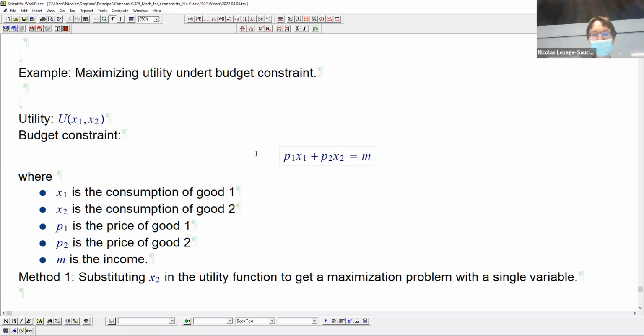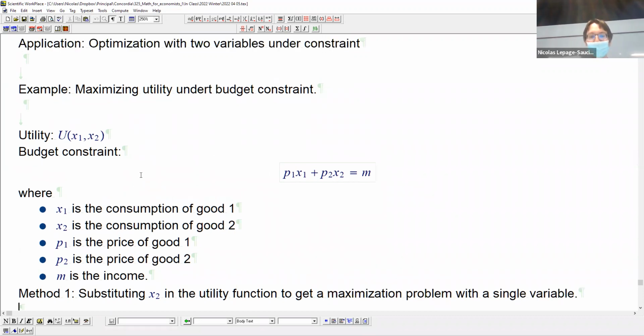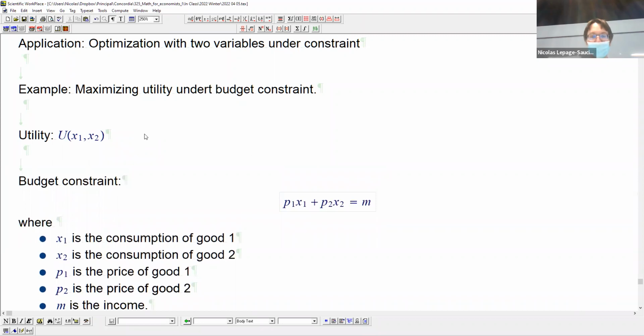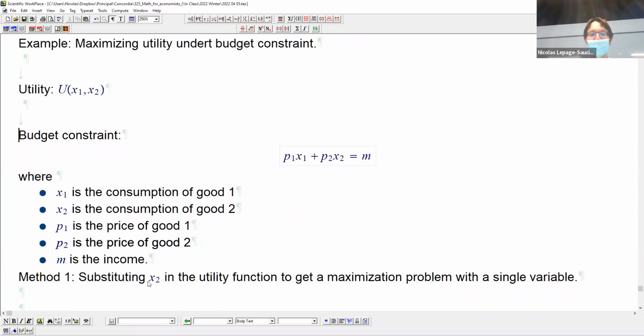Okay, so how would that work? This is my utility that I want to maximize, and I have this budget constraint. I want to substitute x2. I can simply express it as a function of the rest, and then plug it back into the utility.